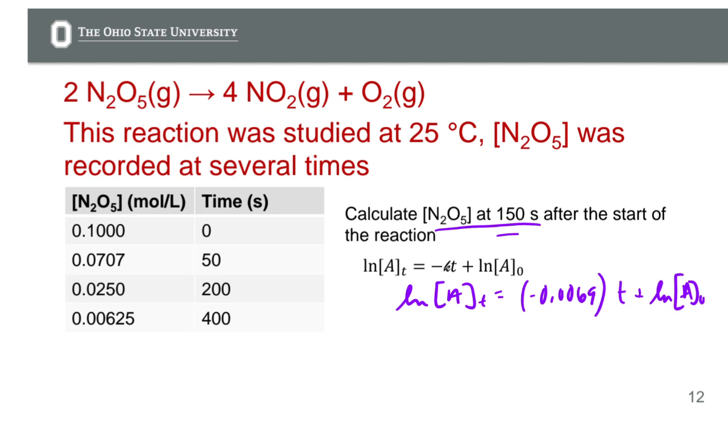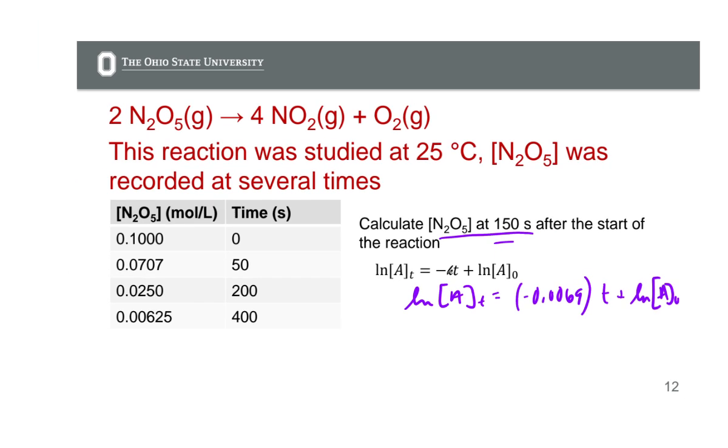Okay. What's our starting concentration? 0.1. Yep. So at time 0, the concentration of N2O5 is 0.1.